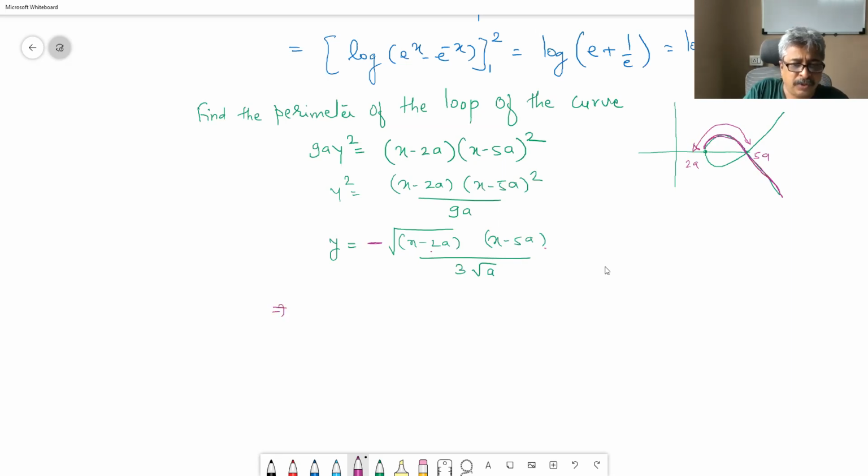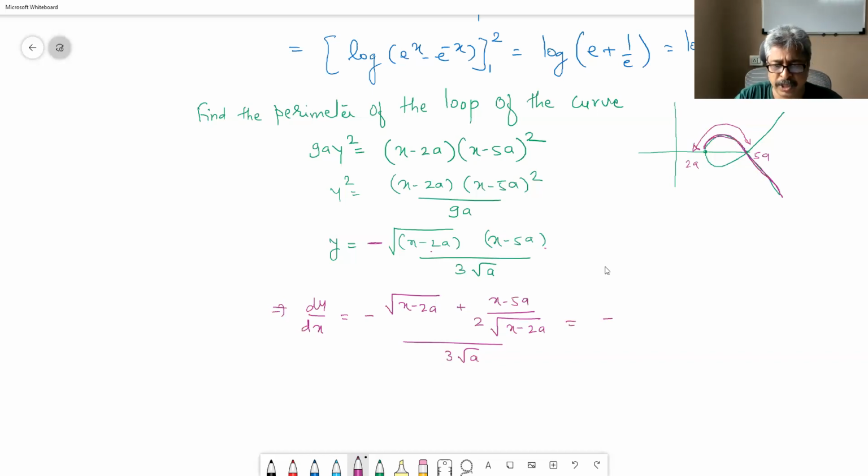Therefore, dy by dx is equal to minus radical x minus 2a plus x minus 5a upon 2 times radical x minus 2a, divided by 3 root a.